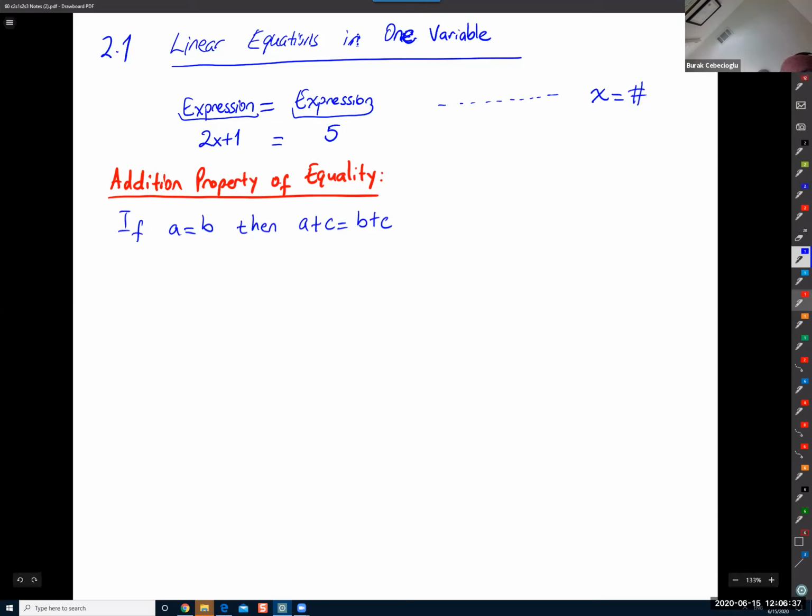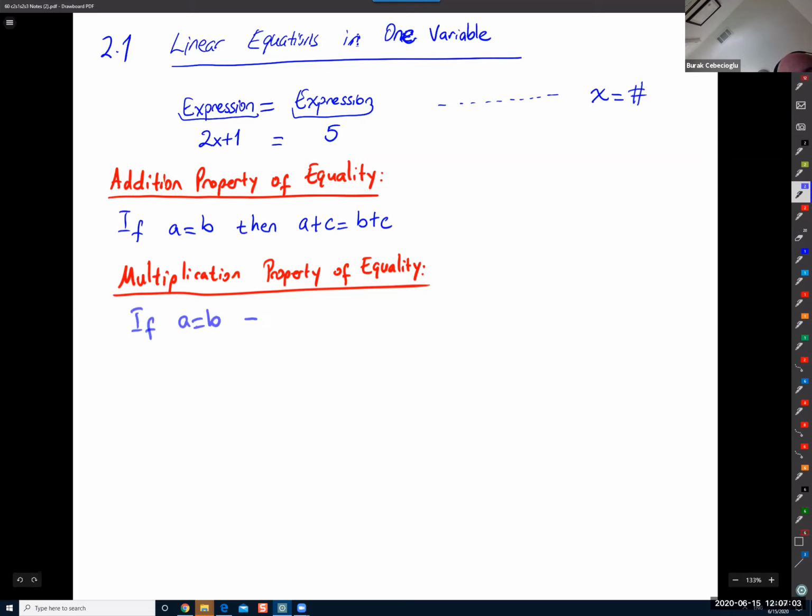And similar to that, the multiplication property of equality: if A is equal to B, then A times C is equal to B times C. That's it.